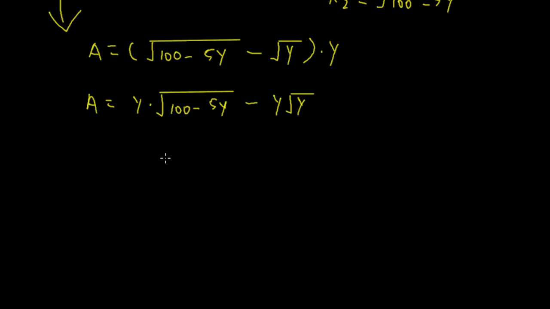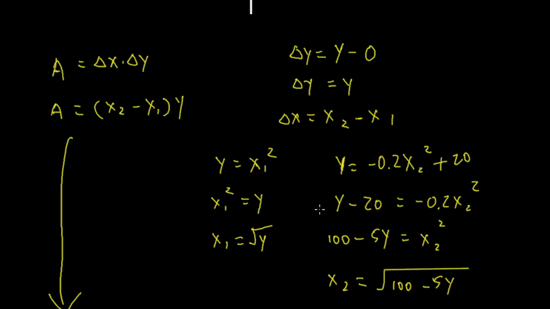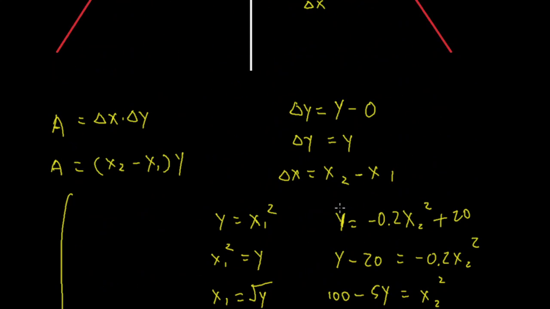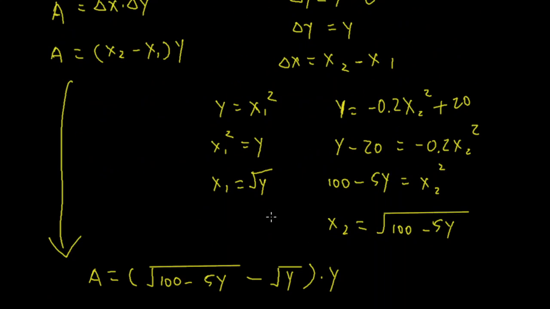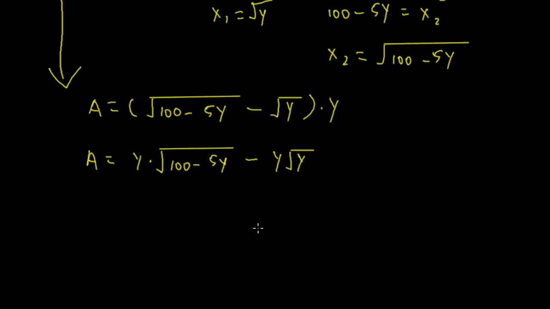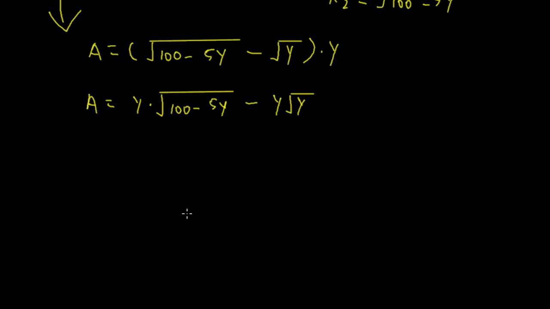We have to take the derivative of the area with respect to the y value and then set it equal to 0 to find out what is the y value that will give the maximum area of the rectangle. Once we have the y value, we just have to put it back into the equation here, right? And just get the x value, then we can find out the maximum area of the rectangle bounded by these two curves.